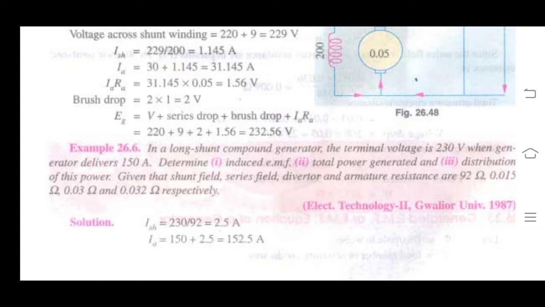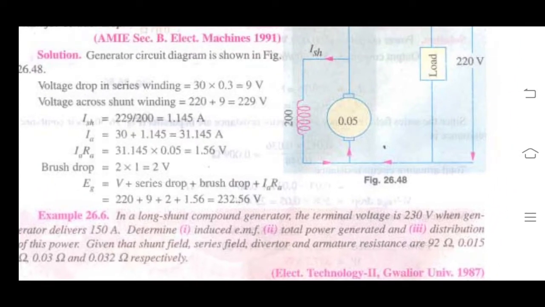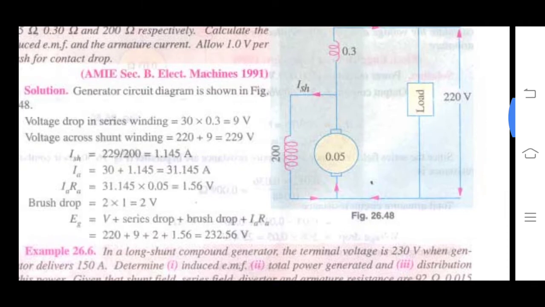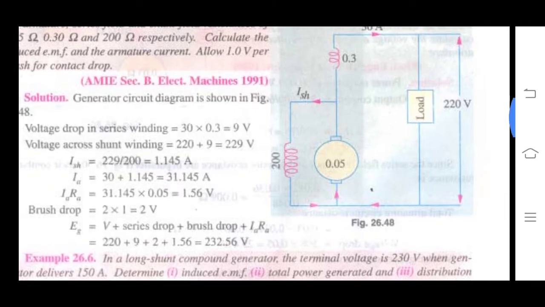So the supply voltage here is 220 volts. Series drop is the voltage drop in the series winding, 9 volts.